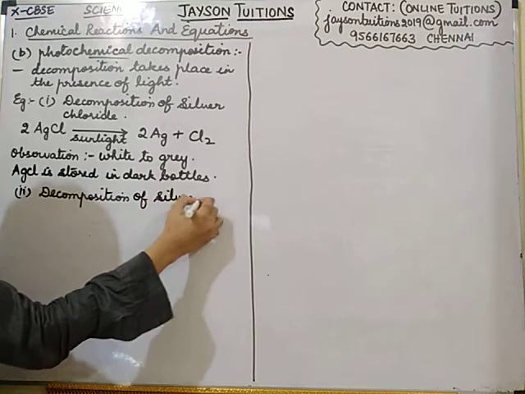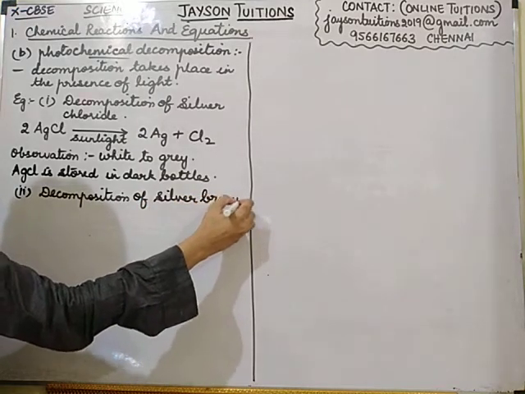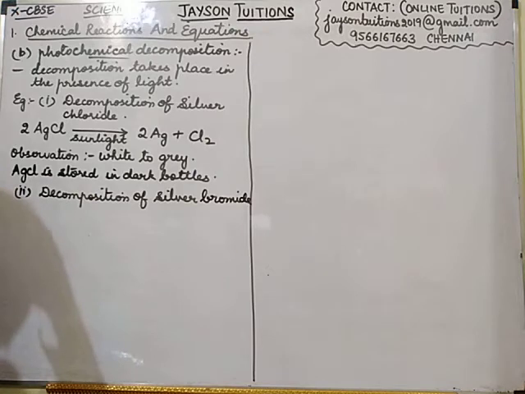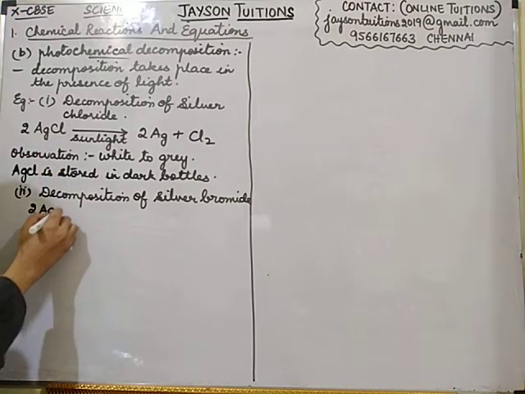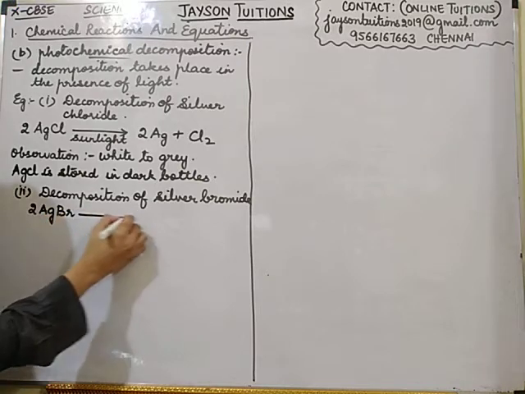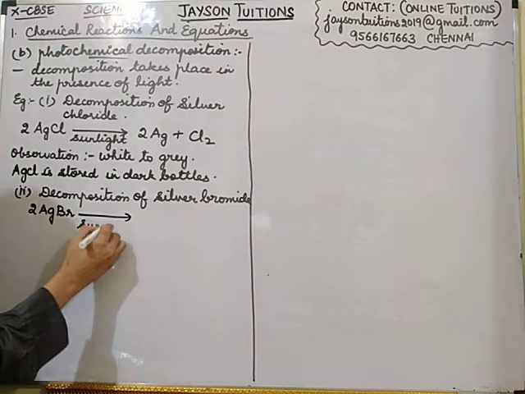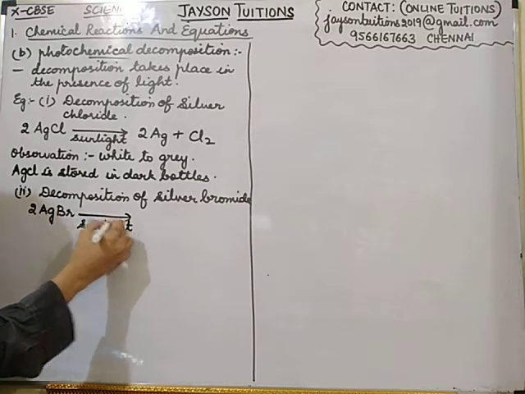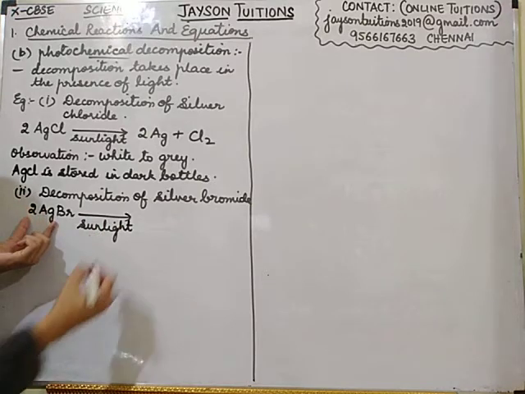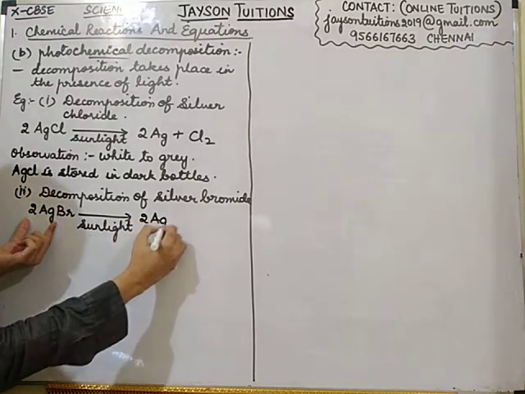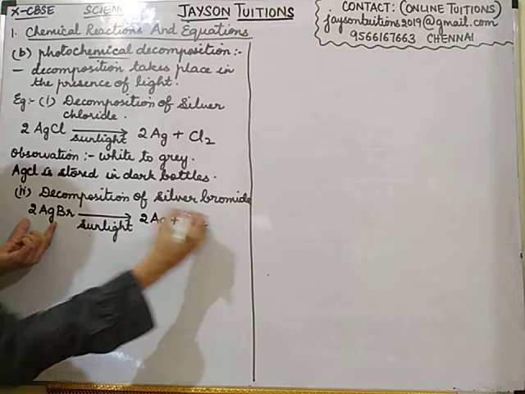Decomposition of silver bromide. Silver chloride is AgCl, so silver bromide is AgBr. So when you expose silver bromide to sunlight, you will again get silver and bromine.